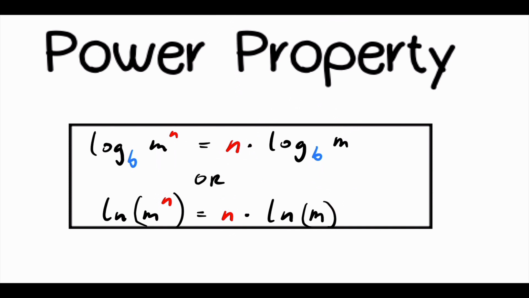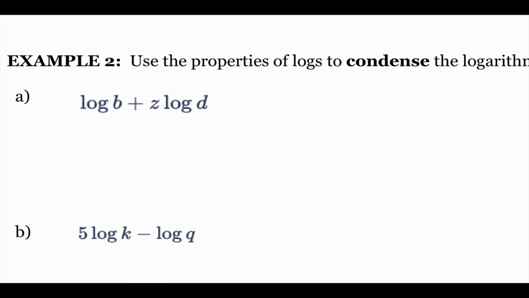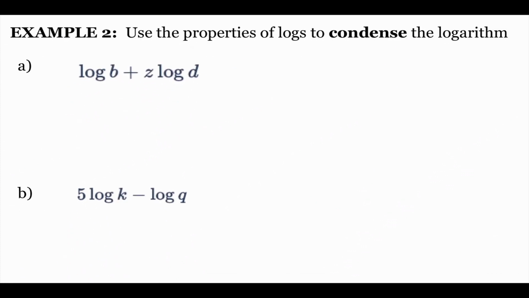So the first thing they're going to ask us to do is condense. Make it smaller. So 2A. Condense this. A is expanded. How do I know it's expanded? Because it has plus in it. So first thing I have to do is decide which properties I'm going to use to bring it together.